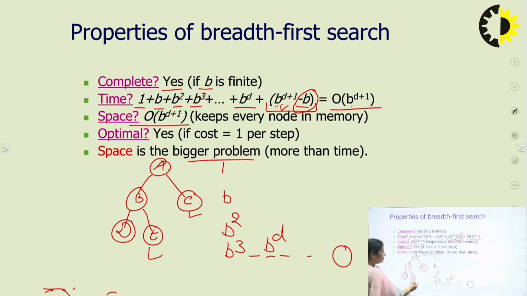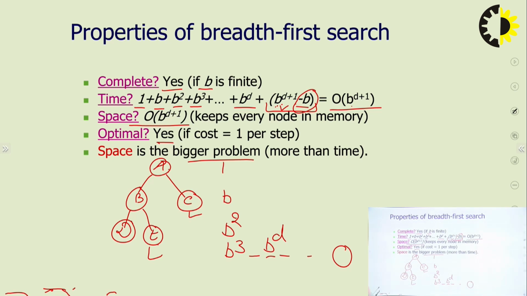If another goal node is elsewhere, it will not go there. It will first check A, then all the neighbors of A, and it will find the solution at C. So it will not go for E. The nearest goal will be worked out in breadth first search. So it is optimal. So this is our breadth first search technique.